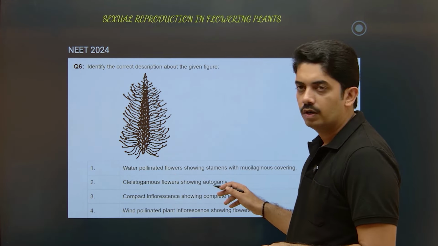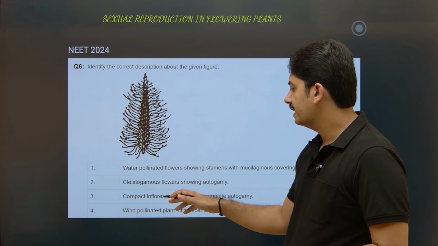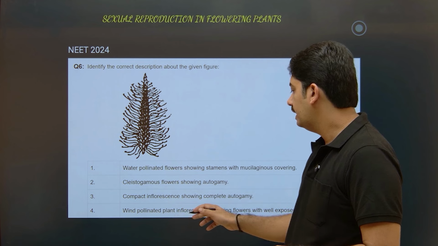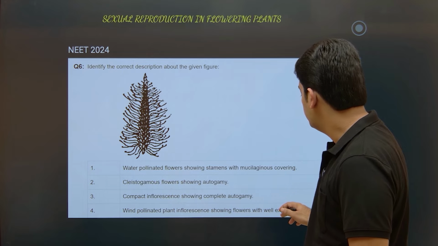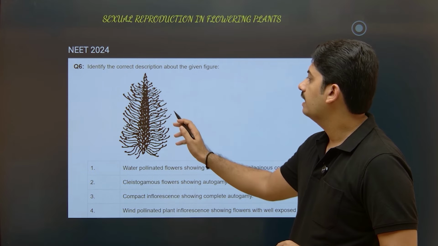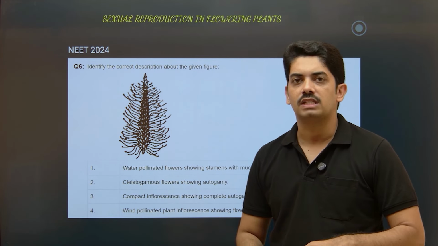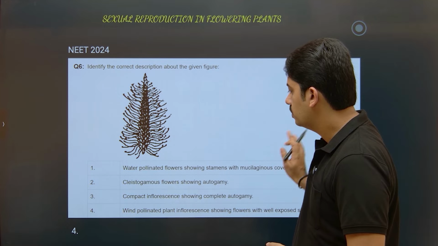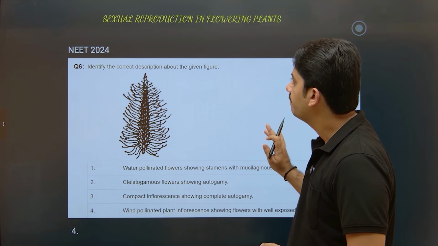Cleistogamous flowers showing autogamy. No. Compact inflorescence showing complete autogamy. No. Wind pollinated plant inflorescence showing flowers with well exposed stamens. This is correct. Here you can see well exposed stamens, which help in dispersal of pollen grains in the wind. Okay, so the fourth answer is correct.